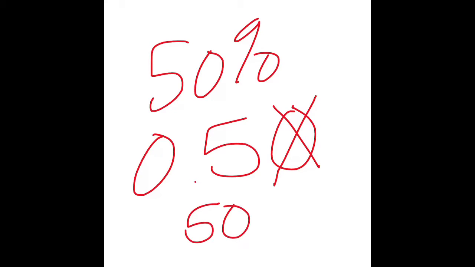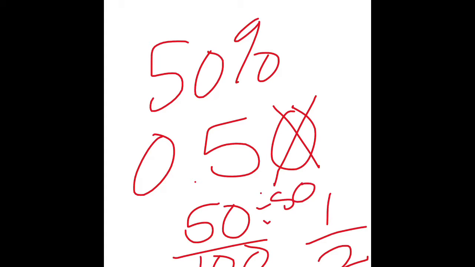And you'd have 50 over 100. And if you reduce that, it'd be 1 over 2, because you divide both top and bottom by 50. And then you'd see 1 over 2. All right. Moving on to lesson 3 here.